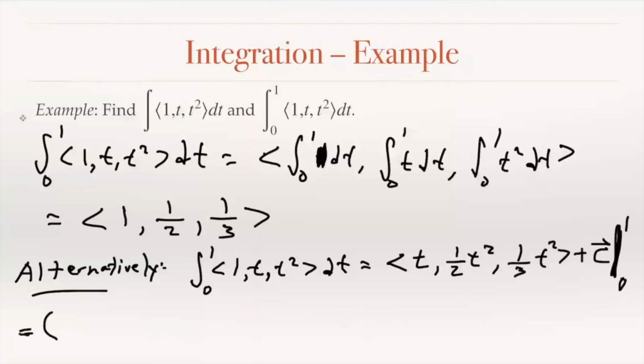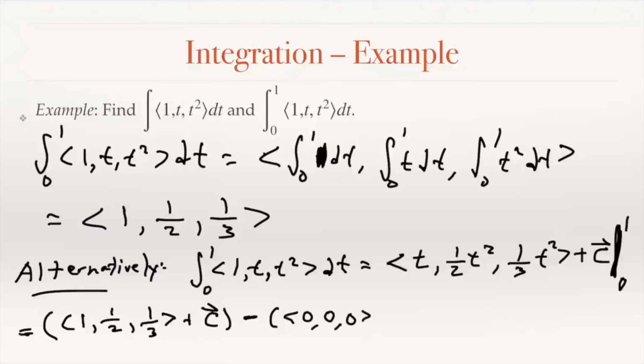Okay, so plugging in 1, we have 1, comma, 1/2, comma, 1/3, plus our arbitrary constant, minus, plugging in 0, we have 0, 0, 0, plus our arbitrary constant, and the arbitrary constants go away, and in the vector difference, we're just subtracting 0, so that is 1, 1/2, 1/3.